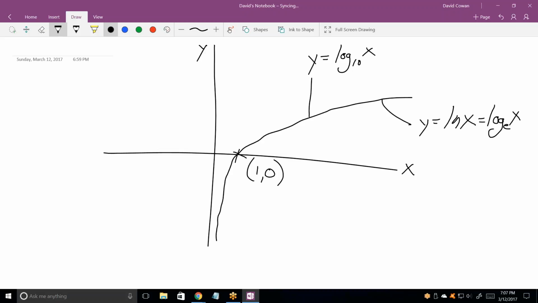Almost all calculus, you're going to be doing natural log. So if you have any intent upon going forward, you're going to be working with a lot of natural logs. But that's all it is. It's just a short way of writing log base e.